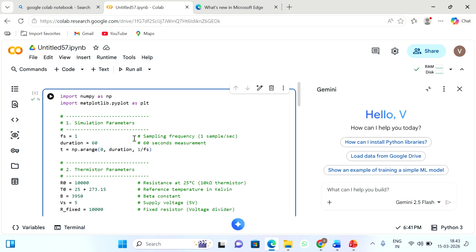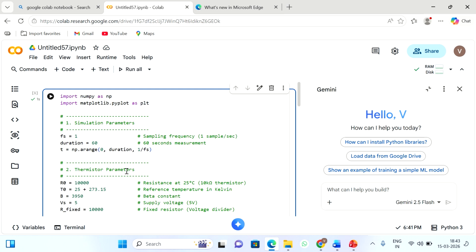So what this code does: first, it simulates thermistor resistance variation with temperature, and then it uses a voltage divider circuit model. Then it converts the measured voltage into resistance and then temperature. Now plotting the voltage versus time, resistance versus time, and then temperature versus time.